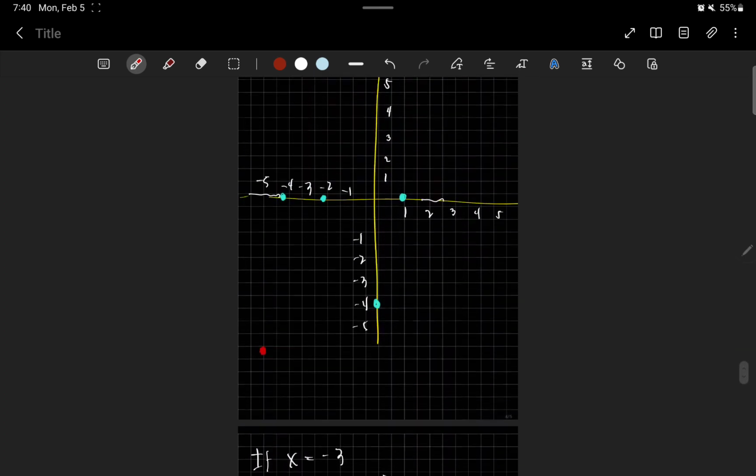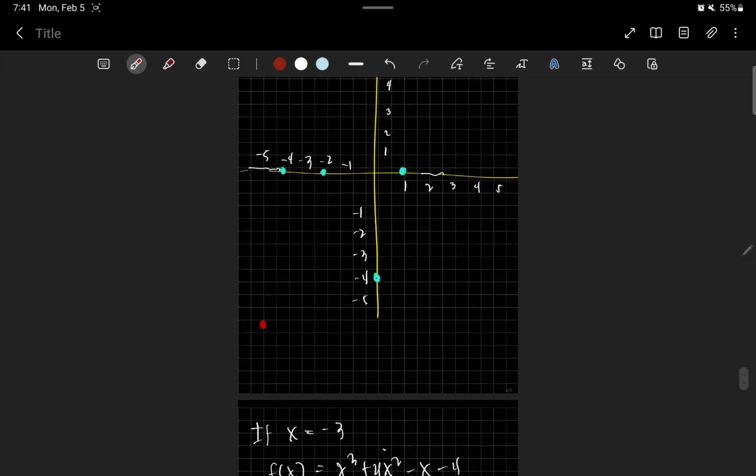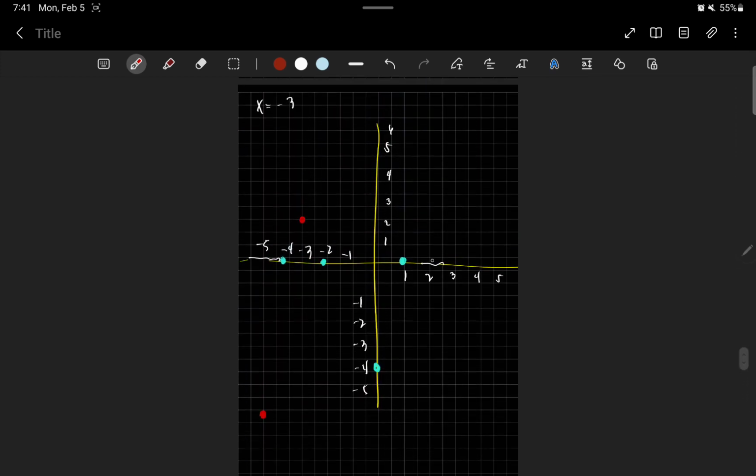Next is (-3, 2). -3, what is that? Positive 2. So that is located here. And your last one is (2, 18). So (2, 18) is on this side, if we are going to continue our points.